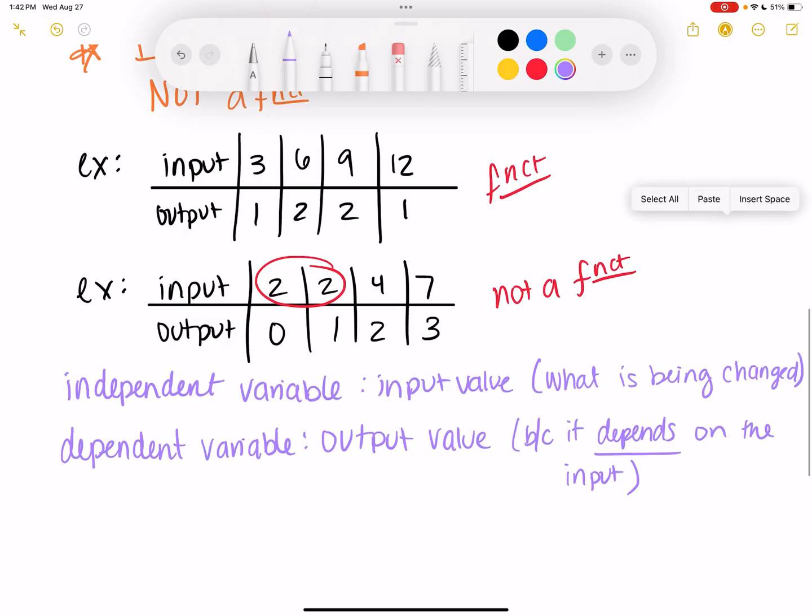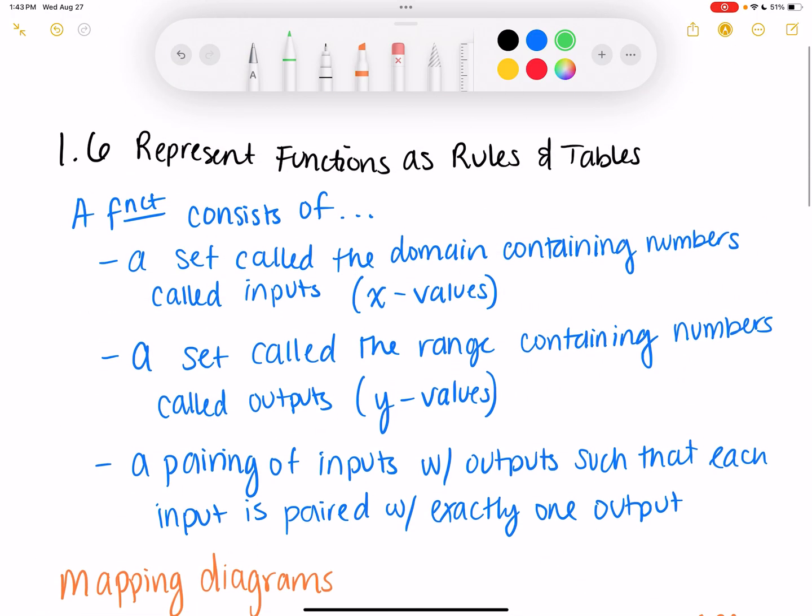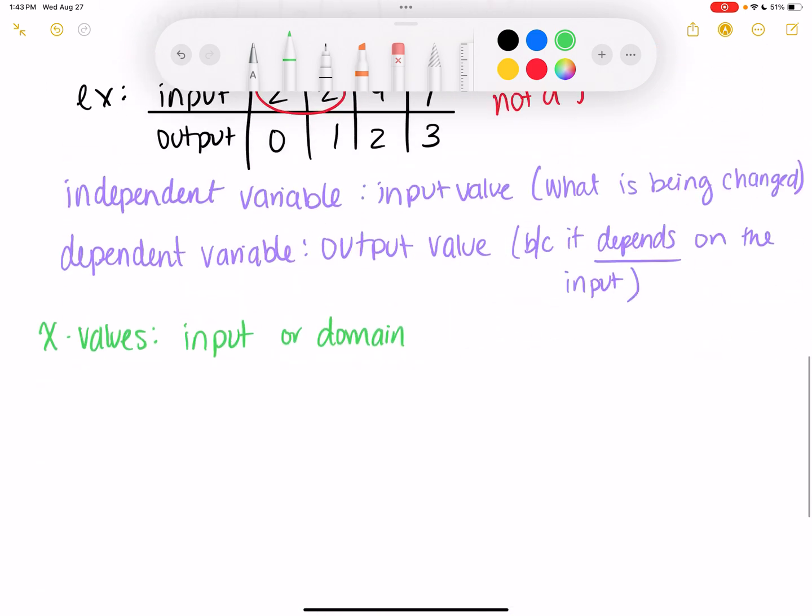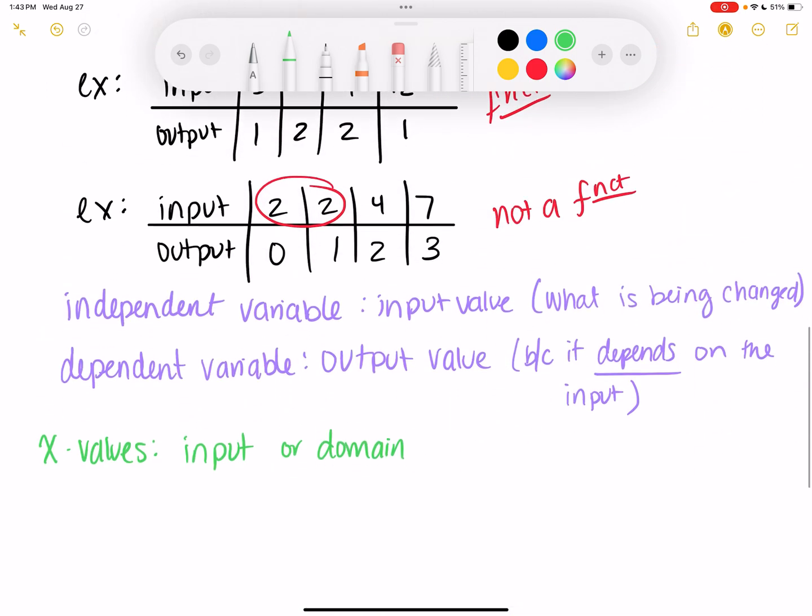So one other thing I forgot to mention earlier, but basically the x values can be called the input, which obviously I've already said, or domain. Okay. So the x values are our input or our domain, or also the independent variable. The y values are the output or range.